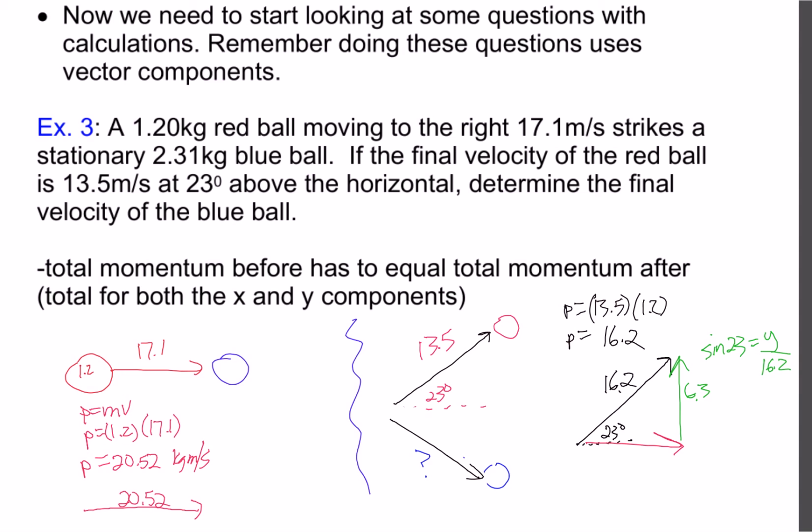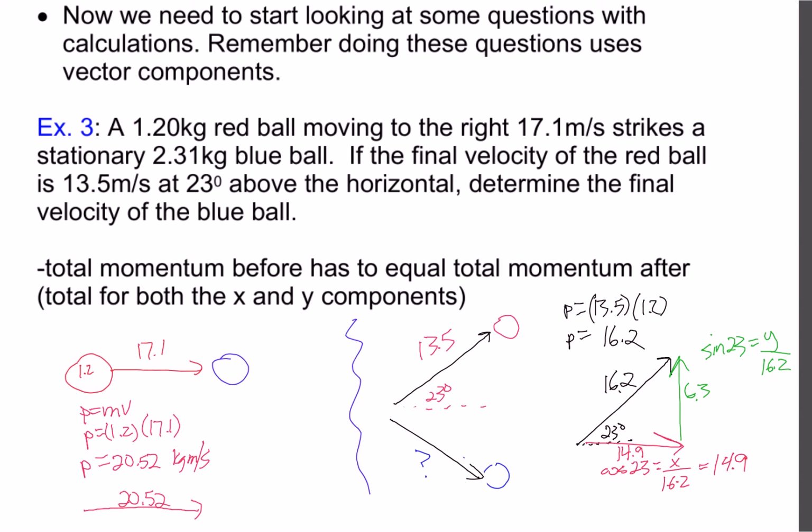So cos 23 equals x over 16.2. Cos 23 times 16.2 gives us an answer of 14.9. Okay, so in our diagram, let me erase so I get a little more room here. We have 6.3 going up, and then 14.9 horizontally.